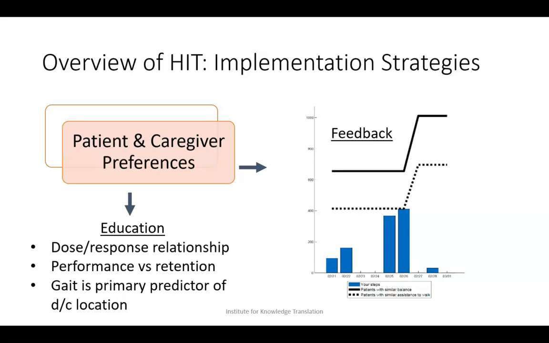Or conversely, maybe someone they were having a difficult time getting buy-in from to do more because the patient felt like they were working hard and maybe they weren't necessarily. So it was really left to the discretion of the supervising clinician who to provide this feedback to, but that was an option for them.